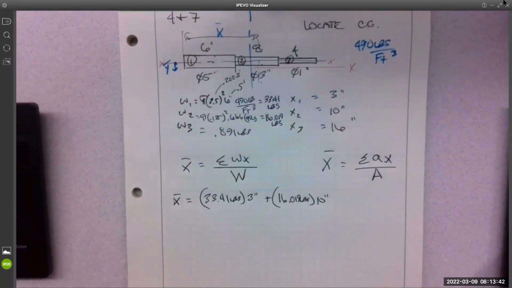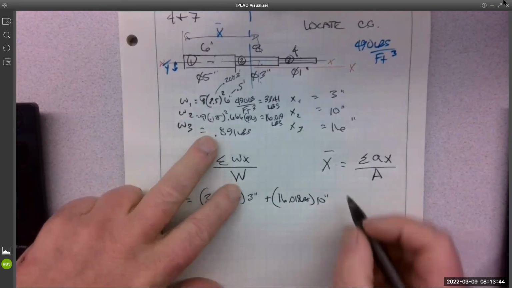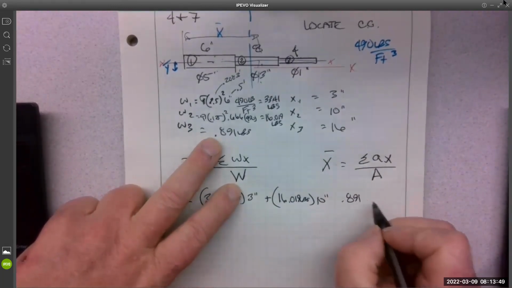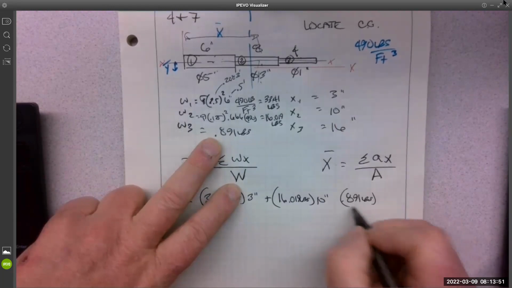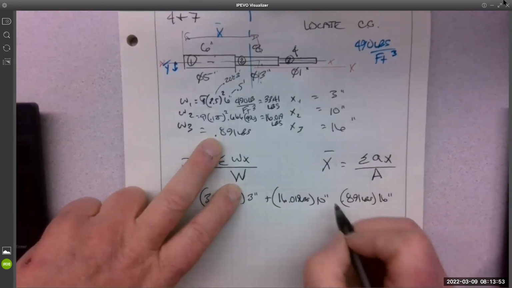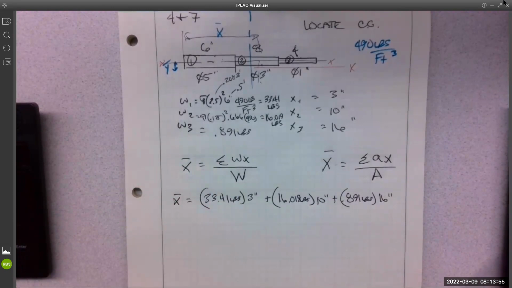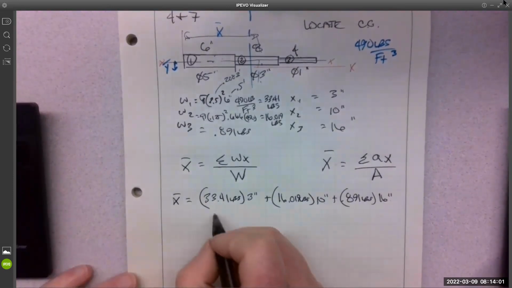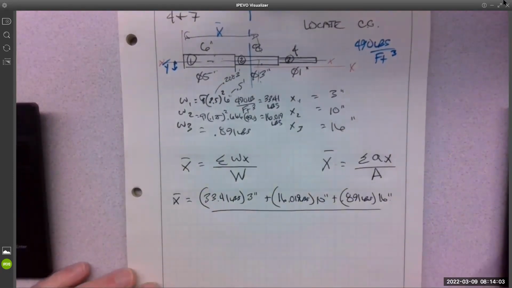Okay, I'm losing that thing. And 0.891 times 16 inches. W1, X1, W2, X2, W3, X3, all over the total weight.